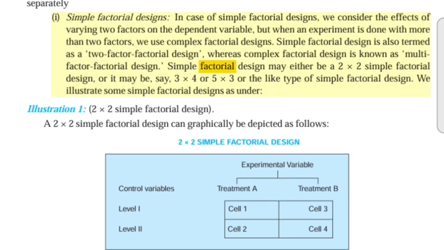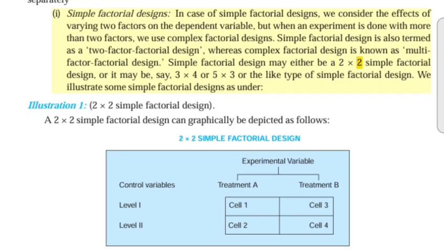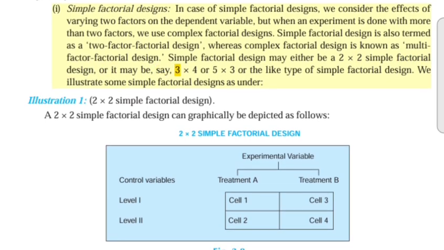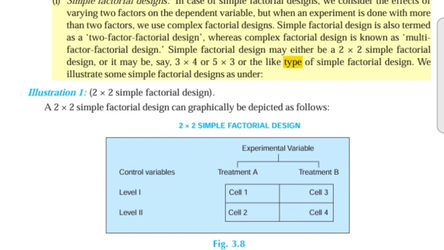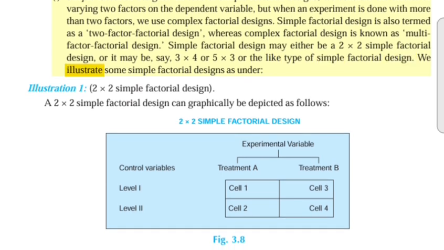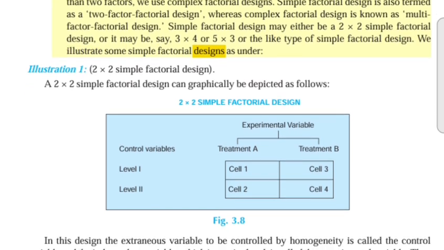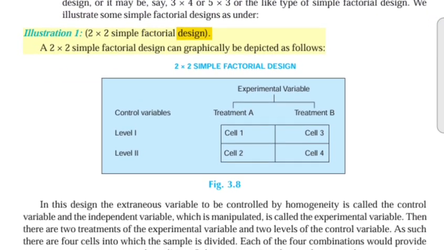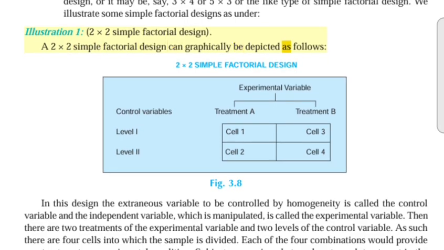Simple factorial design may either be a 2x2 simple factorial design, or it may be, say, 3x4 or 5x3 or the like type of simple factorial design. We illustrate some simple factorial designs as under. Illustration 1, 2x2 simple factorial design. A 2x2 simple factorial design can graphically be depicted as follows.